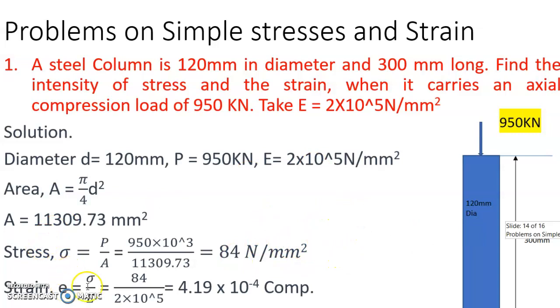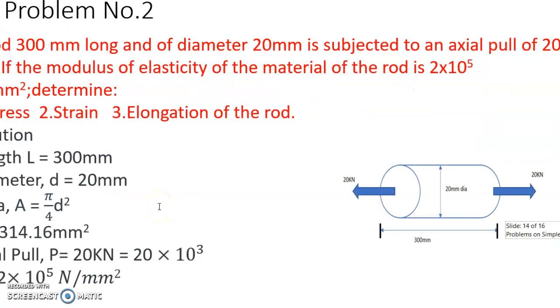Now strain: E equals sigma by E. 84 upon 2 into 10 to the power 5, where sigma means stress, E stands for modulus of elasticity. So 84 divided by 2 into 10 to the power 5 equals 4.19 into 10 to the power minus 4, that is compressive. So this is a very simple problem that you can easily try at home.